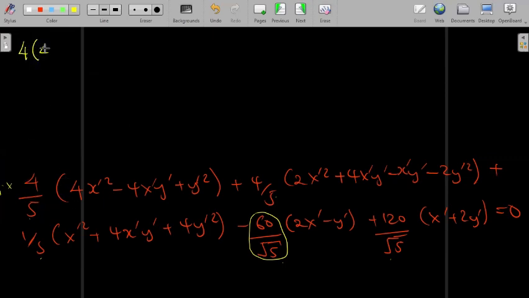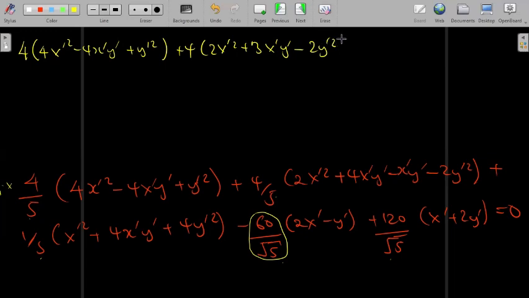At first, I'll have 4x prime squared minus 4x prime y prime plus y prime squared, and plus 4 times 2x prime squared plus, this here I can subtract, so that gives me 3x prime y prime, then minus 2y prime squared.